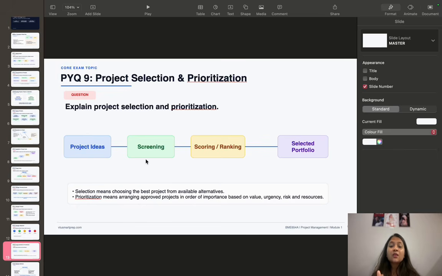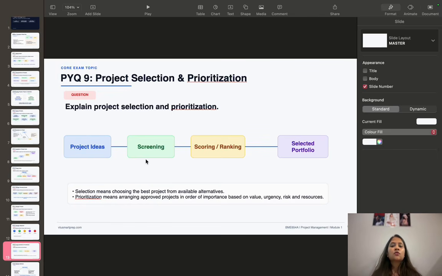Prioritization chooses based on value, urgency, and in which order to select. So which project has more importance? If the cost is available or not, and which is very much required or an emergency, that project should be done, then the highest priority will be given to that specific project.